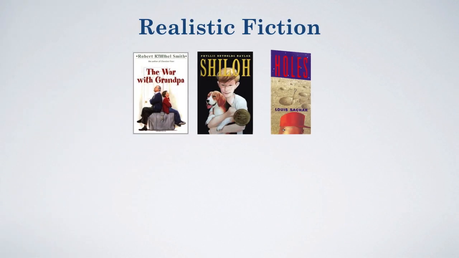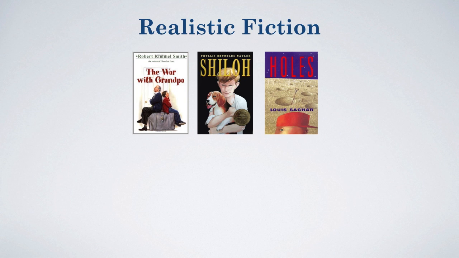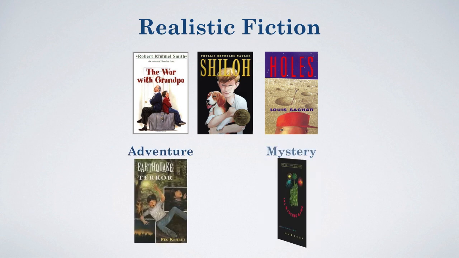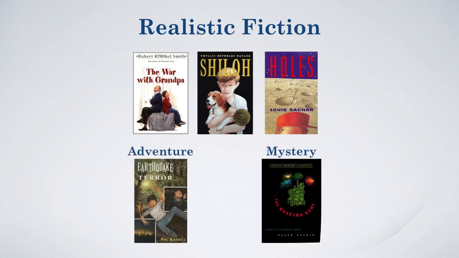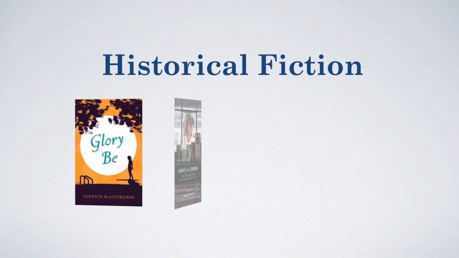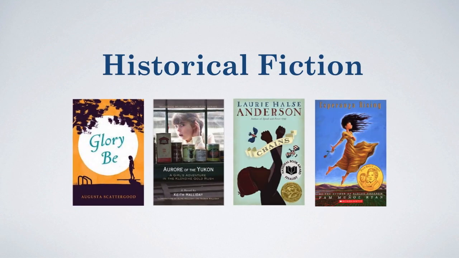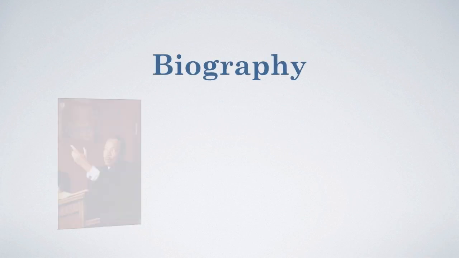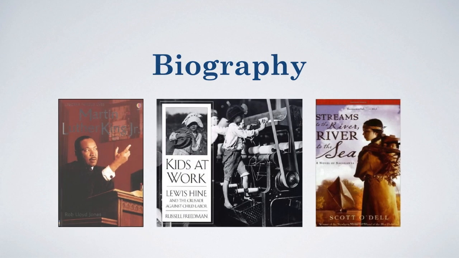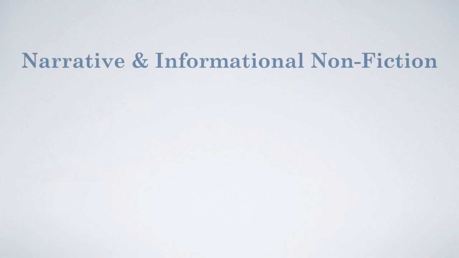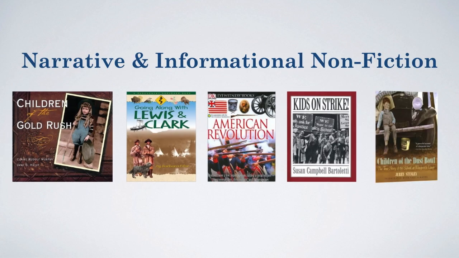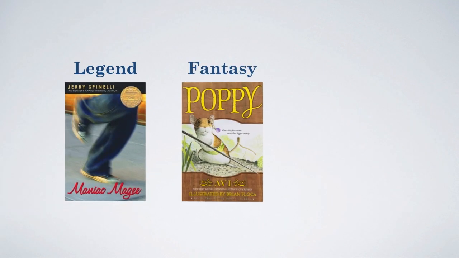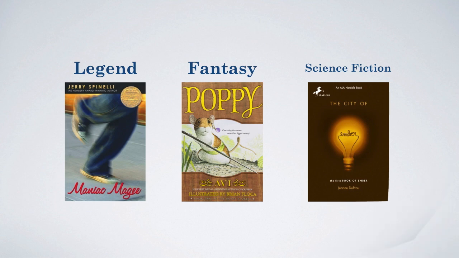CIA units systematically introduce these genres across the grades: realistic fiction, subgenres of realistic fiction including adventure and mystery, historical fiction, biography, narrative and informational nonfiction, legend, fantasy, and science fiction.